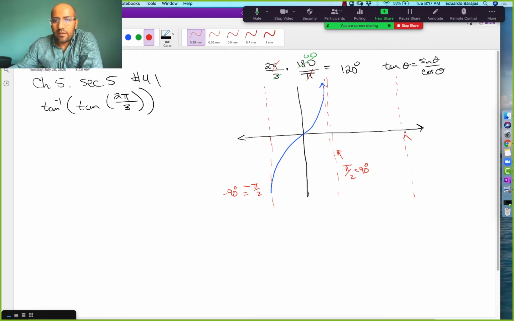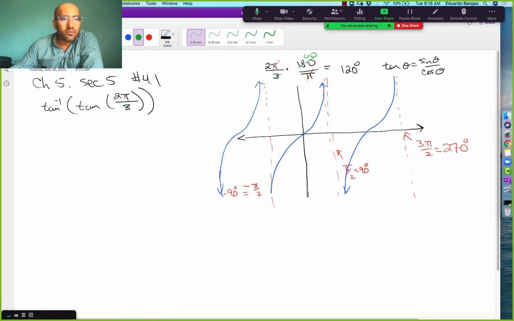So this one is undefined at 3 pi over 2, which is equal to 270 degrees. Good. And then over there, it repeats itself, and then over here it'll repeat itself again. Okay, everyone's with me? I'll assume the silence means yes.